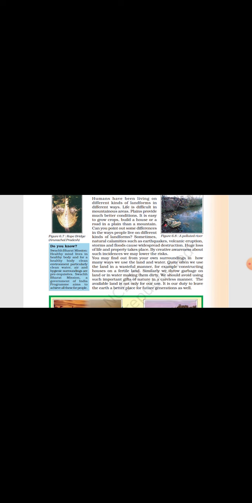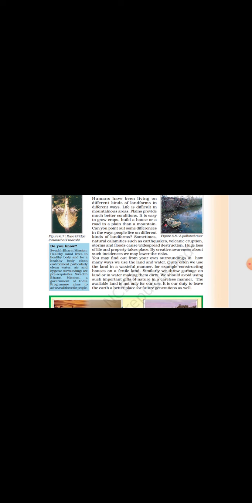Quite often we use the land in a wasteful manner. For example, constructing houses on fertile land. How are we using it in a wasteful manner? Where we can grow crops, in that land we are building our houses or constructing buildings, apartments or industries.